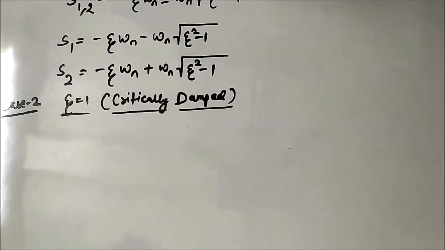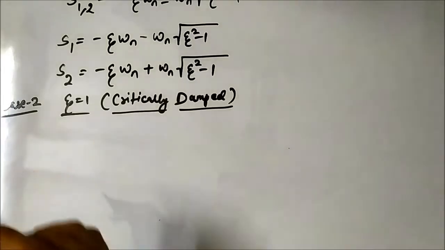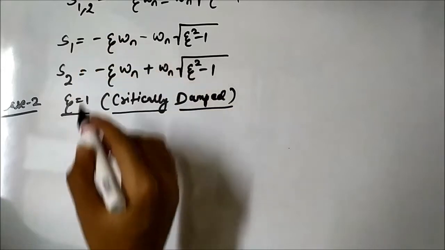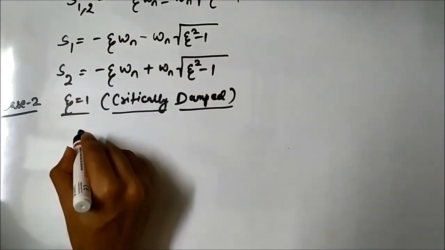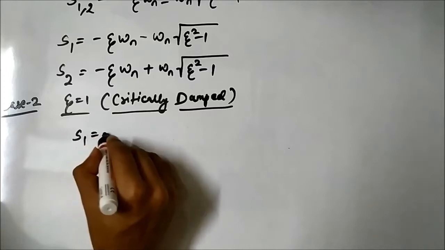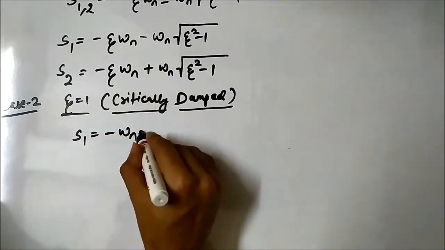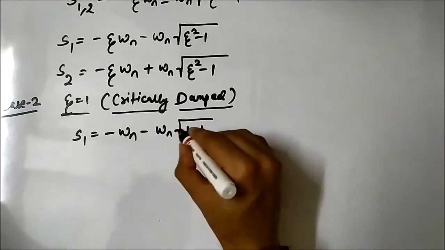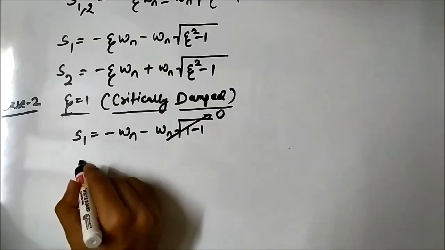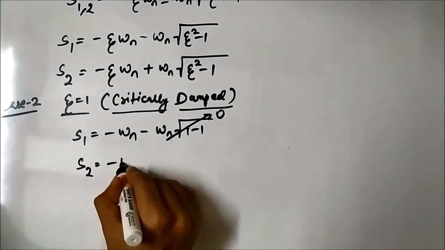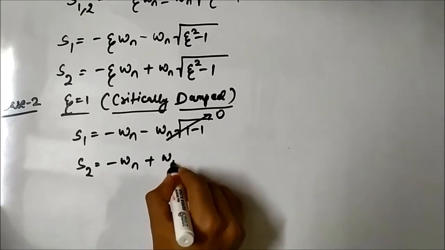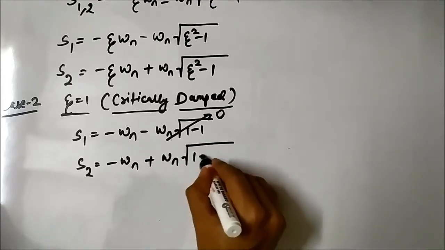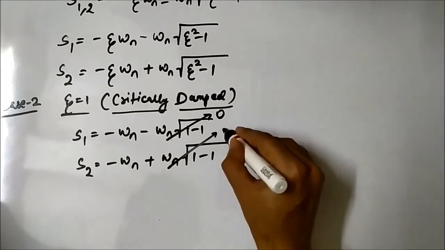Okay, so the second case is when zeta is equal to 1, that is the critically damped case. So in this case, if we substitute the value of zeta with 1, S1 will become minus omega n into root over of 1 minus 1. Obviously this will become 0, and S2 will also be minus omega n plus omega n into root over of 1 minus 1. This will also become 0.